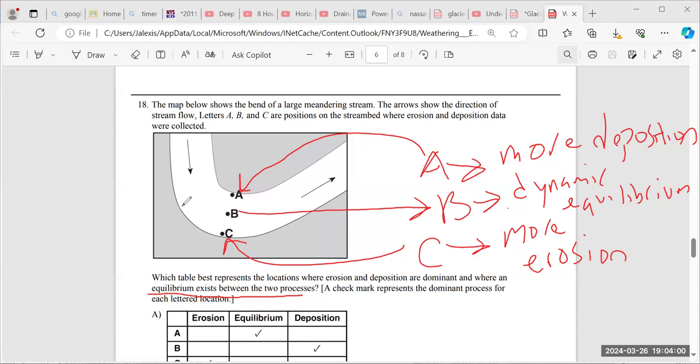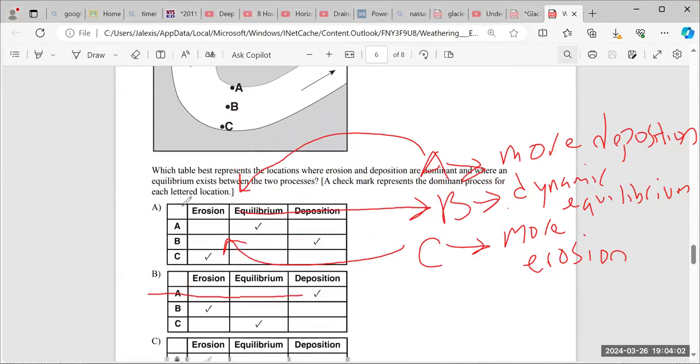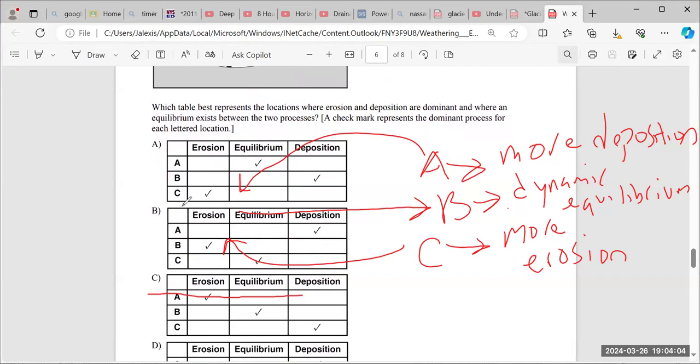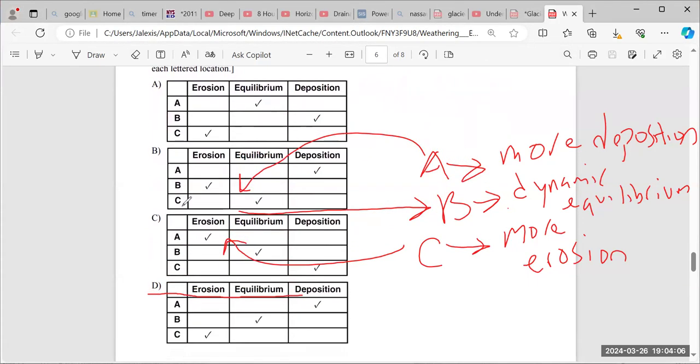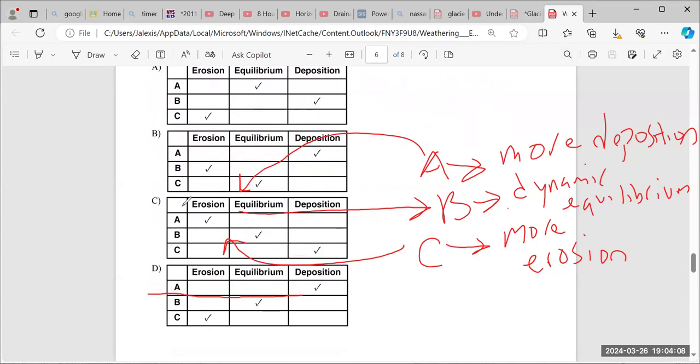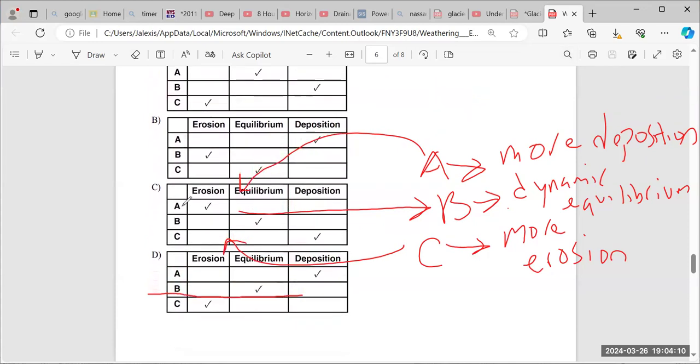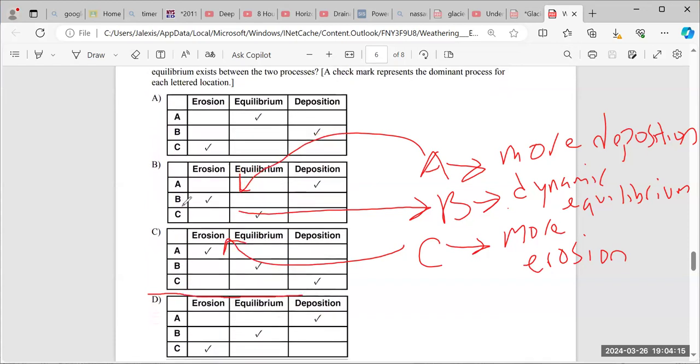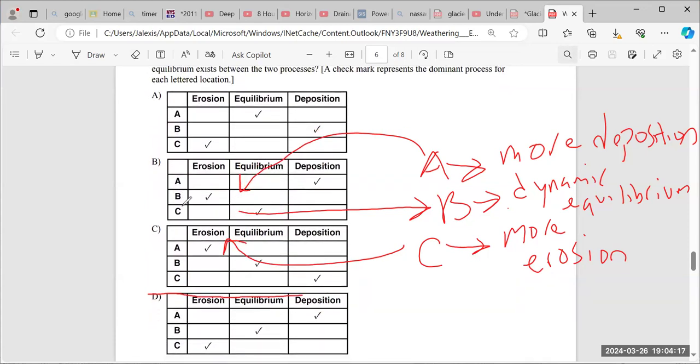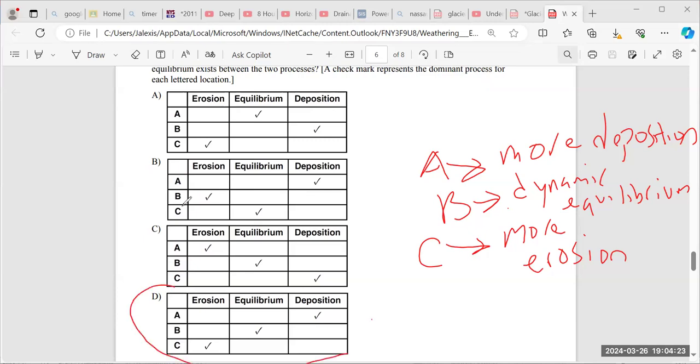The option where A has more deposition, B has dynamic equilibrium, and C has more erosion is definitely looking like choice D.